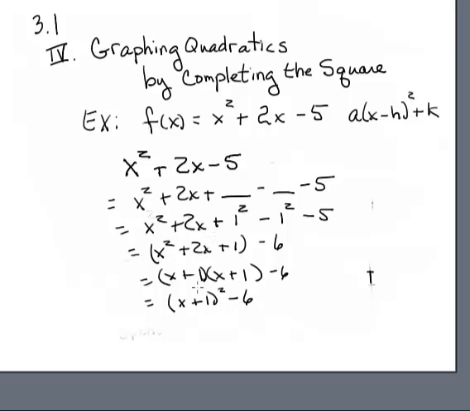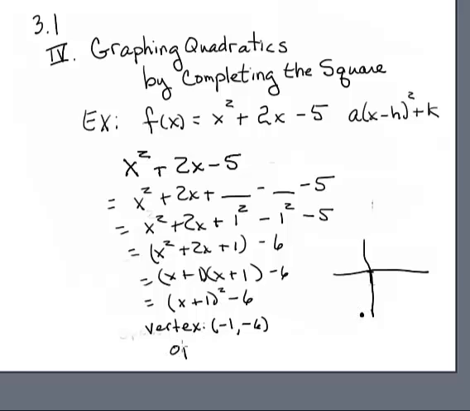Wow, in this form now, I will be able to tell what the vertex is. The vertex is always the opposite of this, which would be negative 1, and the actual value of this, negative 6. So negative 1, negative 6, down here is my vertex.